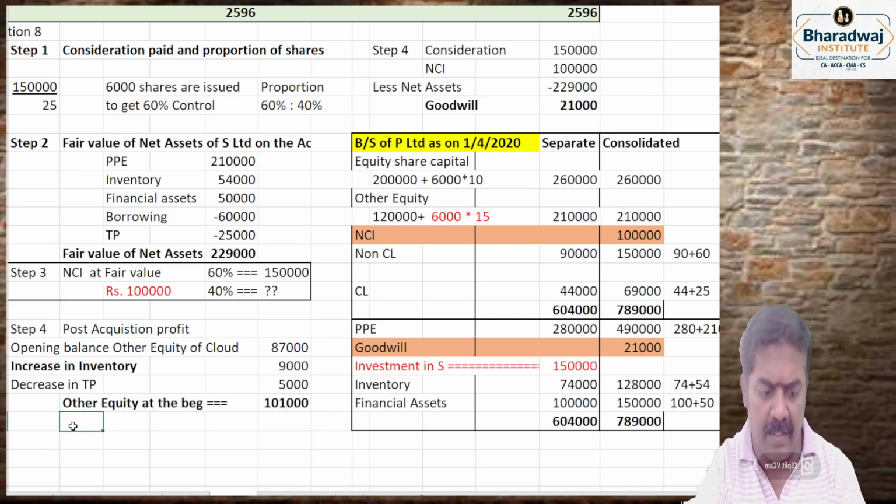What is other equity at the end of the year? So therefore, post acquisition profit.